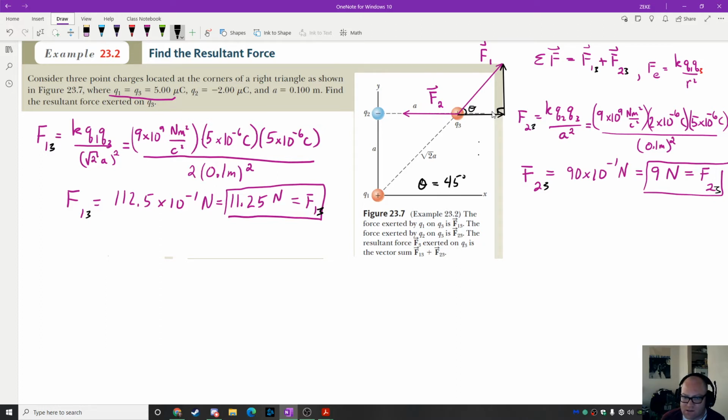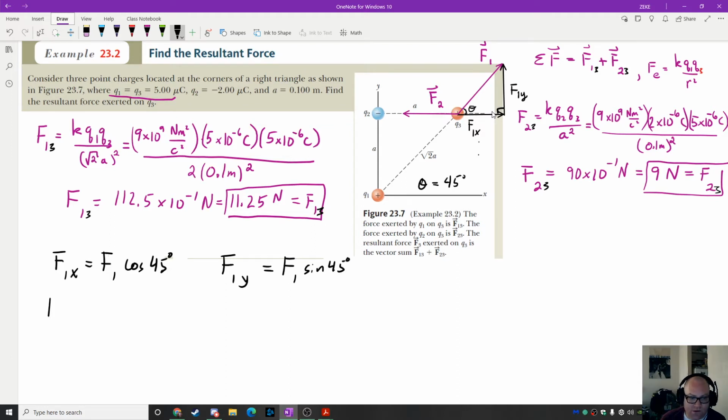And we know that because this is a and this is a, which means this is a 45, 45, 90 triangle right here. So we know the value of theta, which means that we can find the value of these two components right here. And they're going to have values that we could call, for example, F1x if we wanted to, and we could call this one F1y, where F1x is going to be equal to F1 times the cosine of 45 degrees, and F1y is going to be equal to F1 times the sine of 45 degrees.